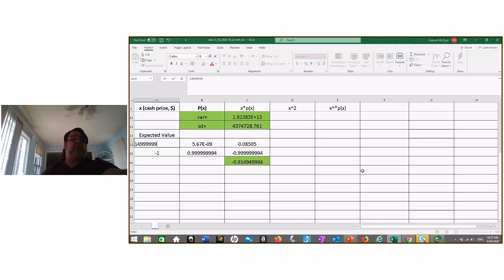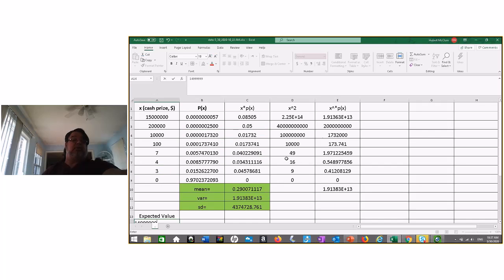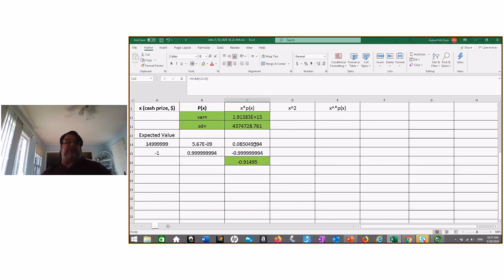Okay. Say it again, Miss Carver. That's the complement of the 0.29 from the expected value. Yeah, but I never came up with 0.29. Oh, the mean. Okay.